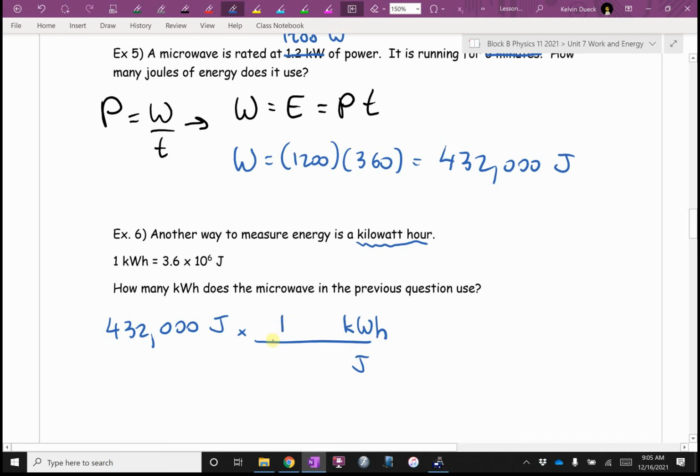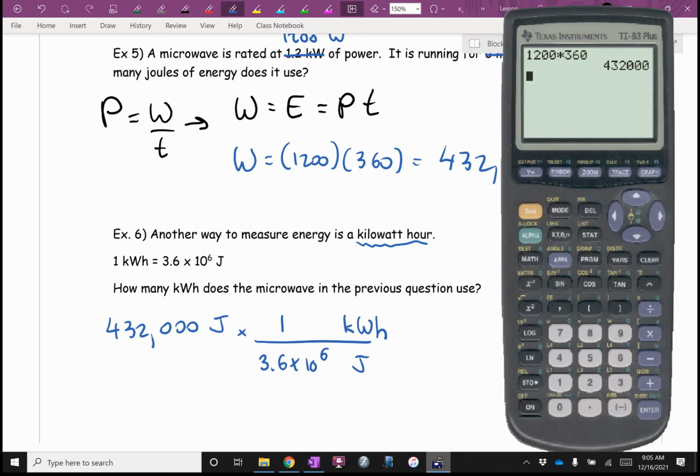Apparently 1 kilowatt hour is 3.6 times 10 to the 6th. Am I going to times by 3.6 times 10 to the 6th or divide? How do you know? Okay, so I've got this number sitting on my calculator divided by bracket 3.6, scientific notation button 6. About 0.12 of a kilowatt hour.